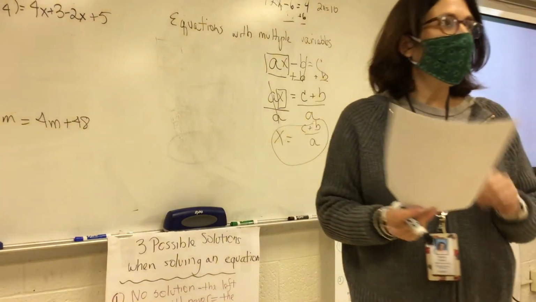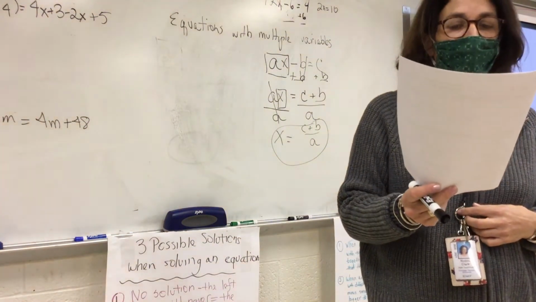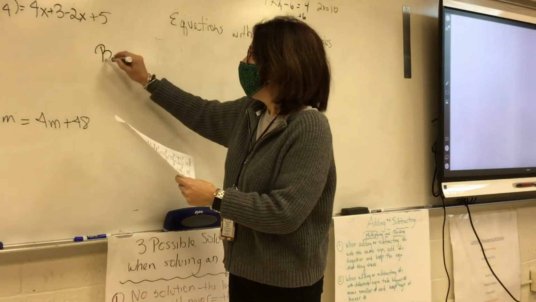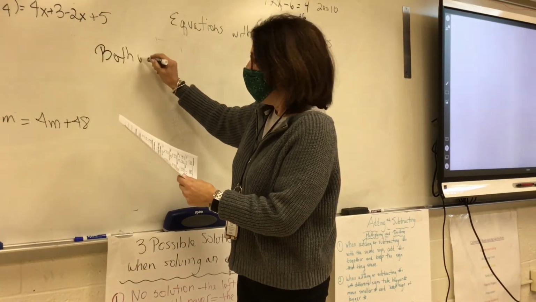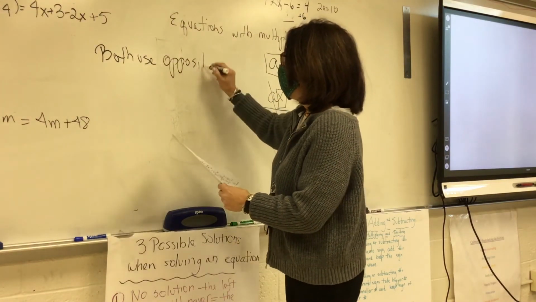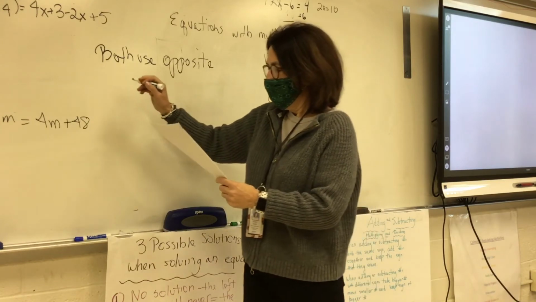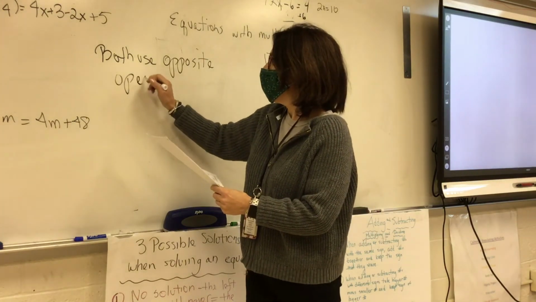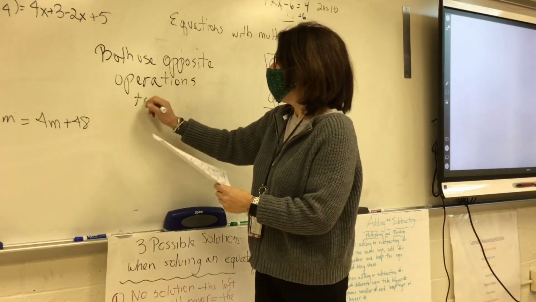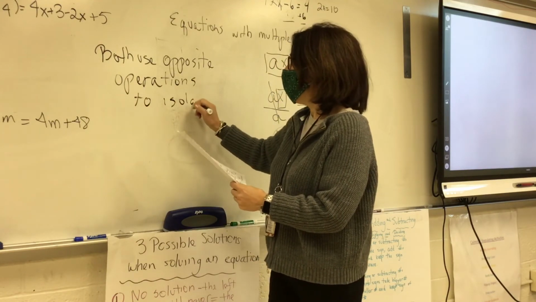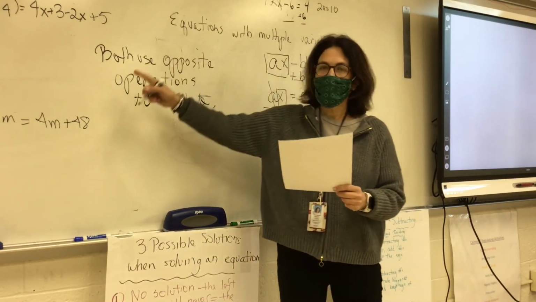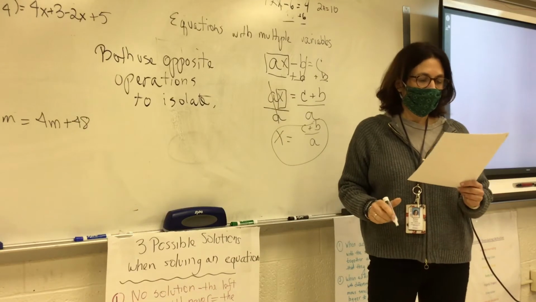What I'd like you to write next to the first bullet point is this: both use opposite operations to isolate. This is no different than anything else we've done. This goes under the first bullet point under quick write.